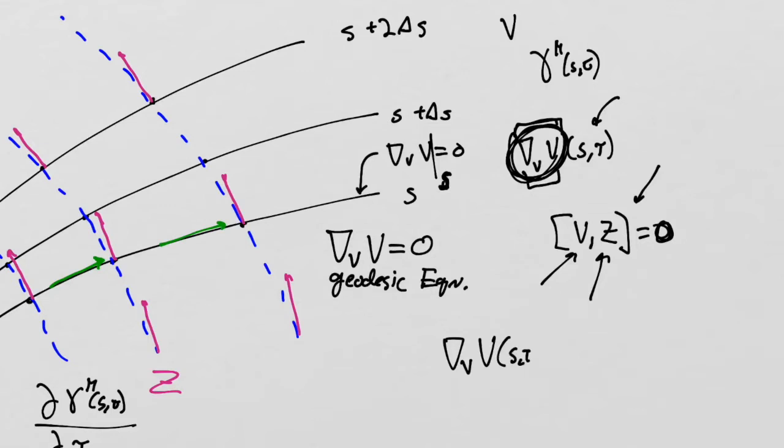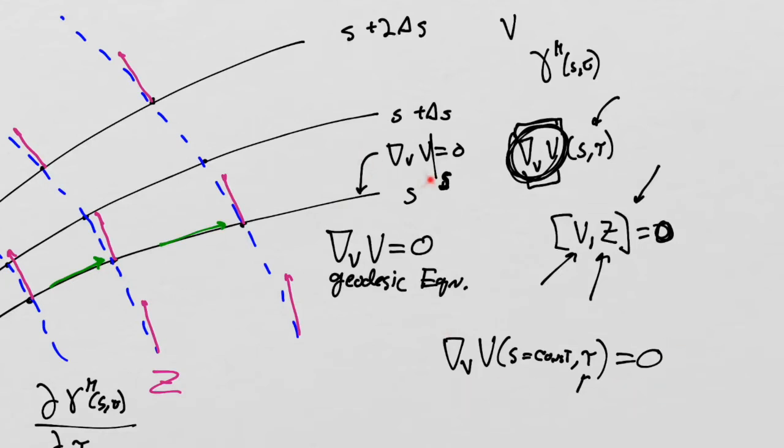This is a vector field of S and tau, but what I do is I write down something like S equals constant. So it's now just the vector field along the curve. Notice if tau is constant and we change S, these are not geodesics, right? These are not geodesics, as far as I know. And therefore this expression is not true, generally speaking. These I'm guaranteed it's true because I constructed them by definition. I asserted that they're just geodesics.